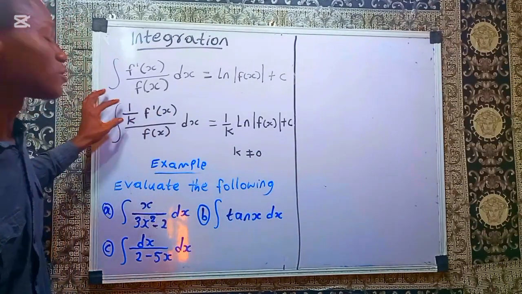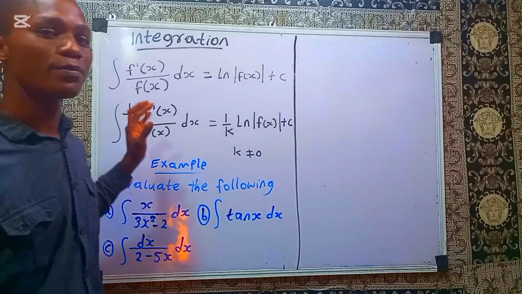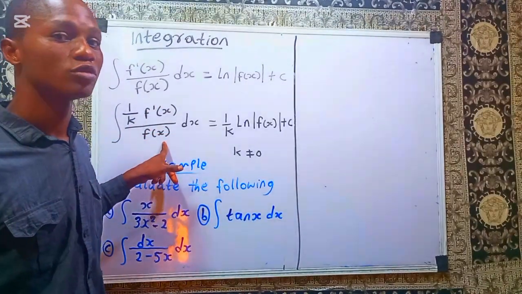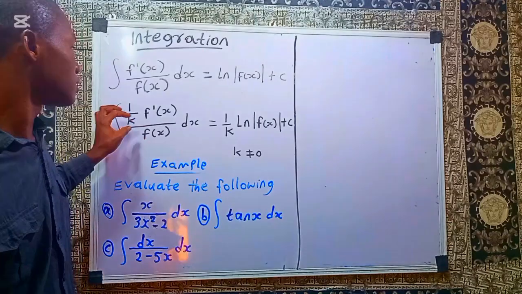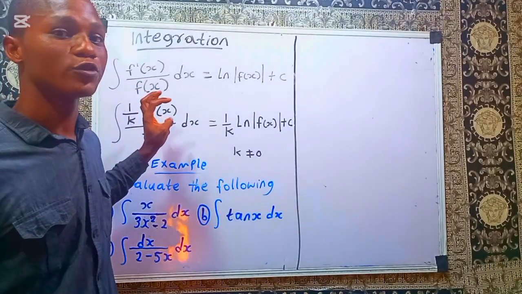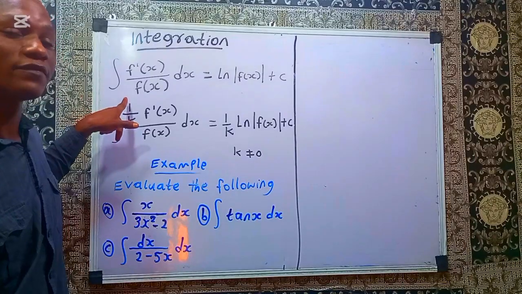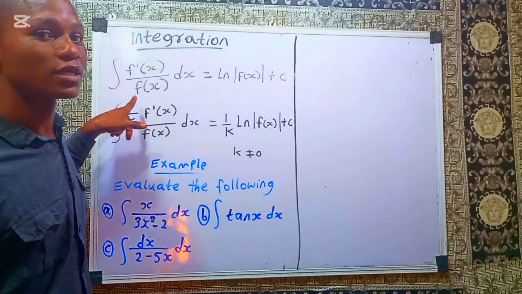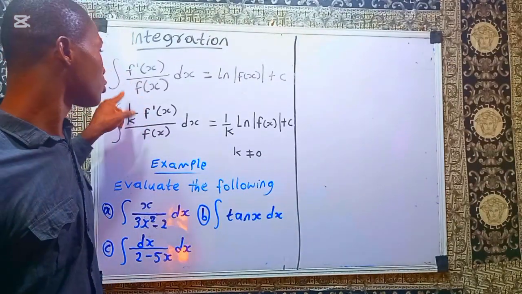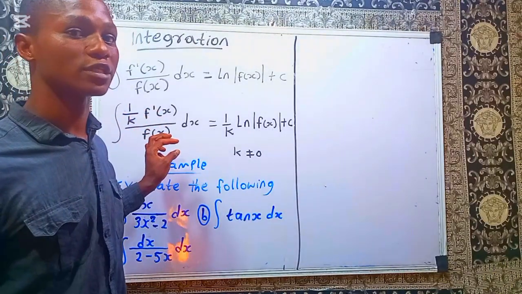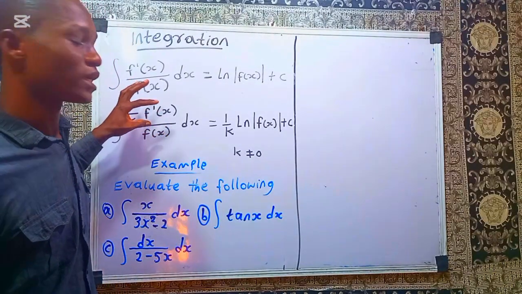This one is a situation whereby if you differentiate the denominator, the result is not giving you the numerator exactly. But 1 over k is a number, so 1 over that number multiplying the derivative of the denominator will give you the numerator.